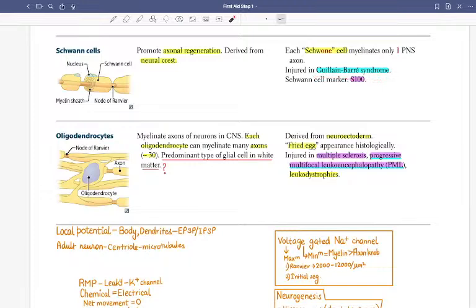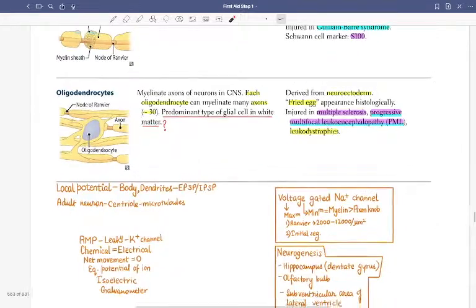So Guillain-Barré is the Schwann cell, and the marker is S100. S100 Schwann. Take care. Just pronounce S1 as one, like a random mnemonic: S1, one becomes one, and S100.